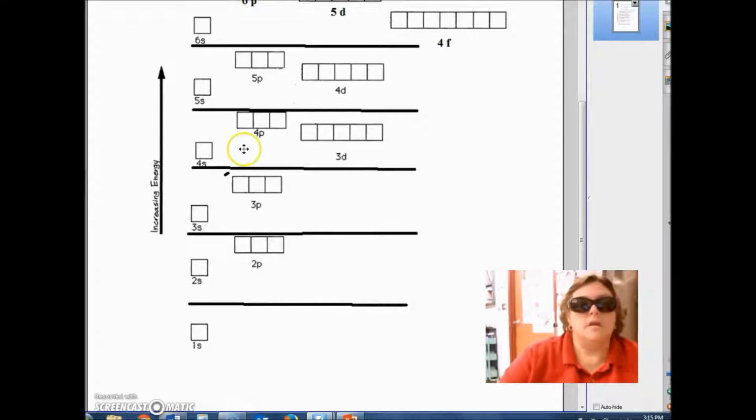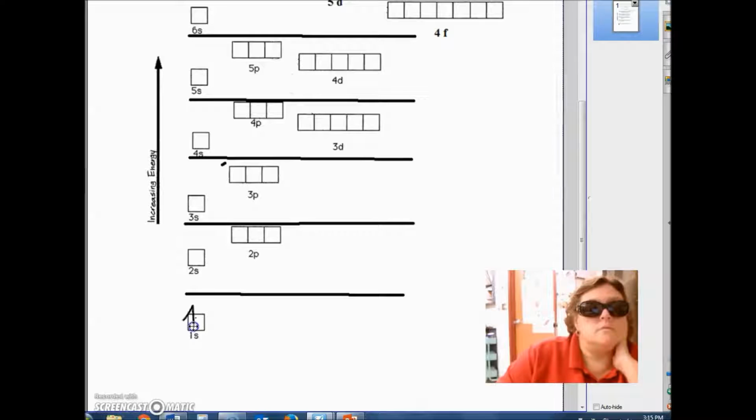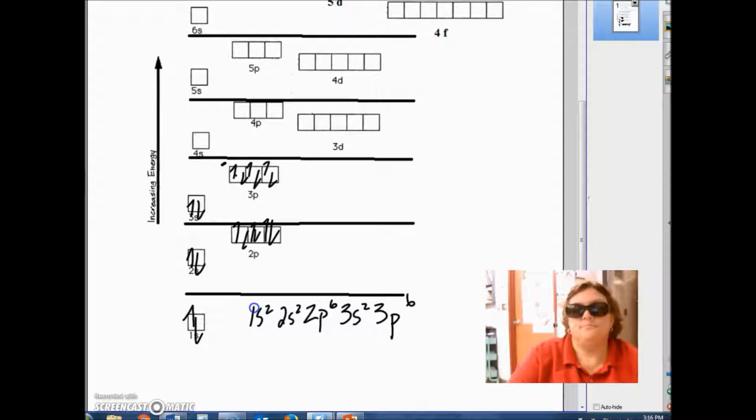All right, argon has 18 electrons. 1, 2, 3, 4, 5, 6, 7, 8, 9, 10, 11, 12, 13, 14, 15, 16, 17, 18. Okay, the code: 1s2, 2s2, 2p6, 3s2, 3p6.